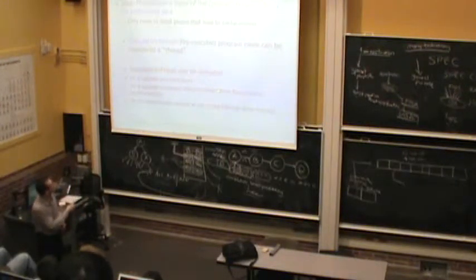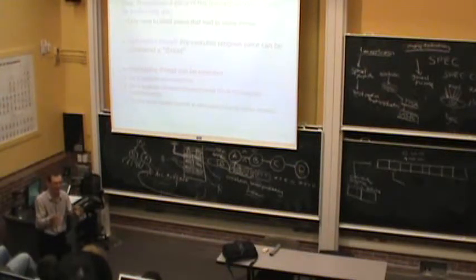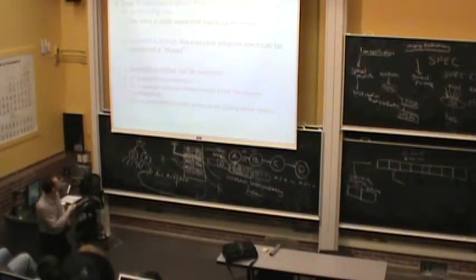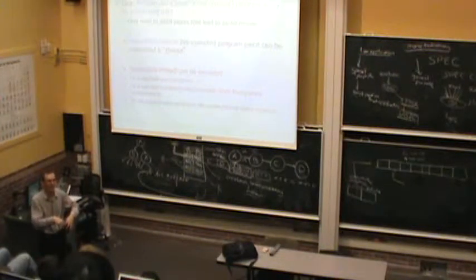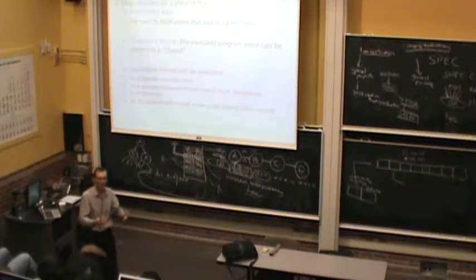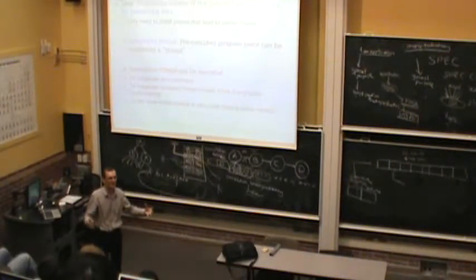It could be on a separate hardware thread context. If you have a multi-threaded processor, one thread could be executing the main program, and the other hardware context could be executing this prefetch program, the speculative thread. Or, as we will see, it could be on the same thread context in idle cycles. Let's say this main program stalled because it got a cache miss.